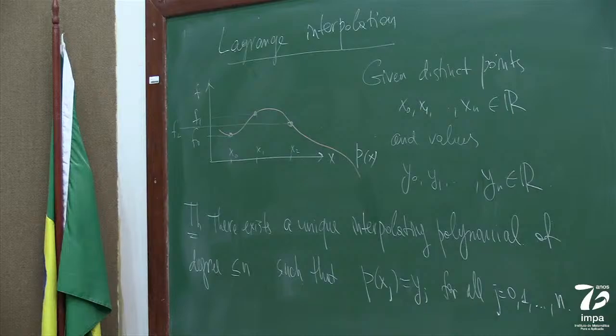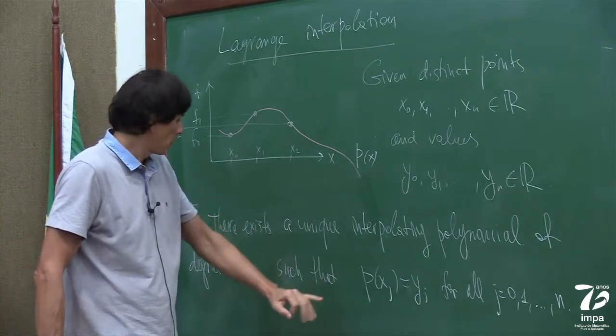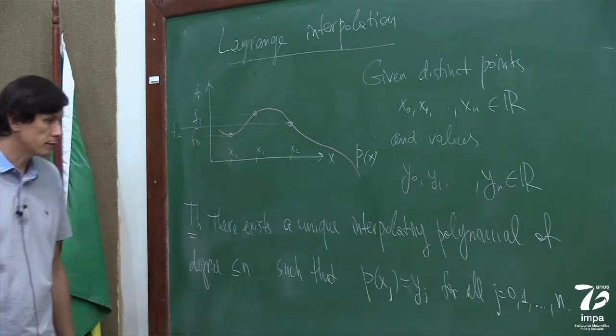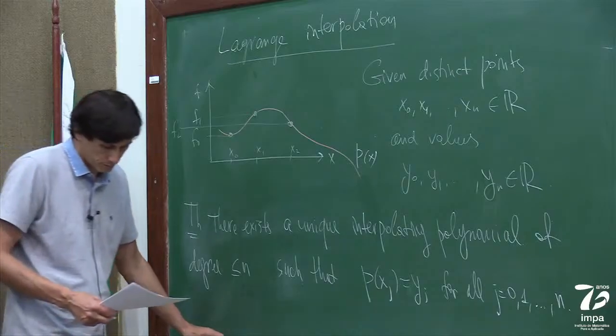So with this Lagrange approximation, you can uniquely define the polynomial of degree not bigger than n, one less than the number of points, such that it passes exactly through the points.